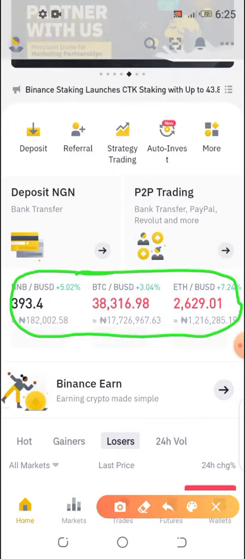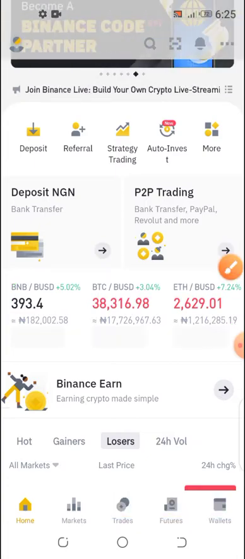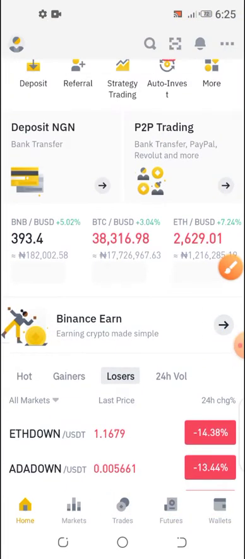The most popular one, however, is the USDT, and these stablecoins are tied to the value of the dollar. Hence, they are called stablecoins. The idea is that their prices do not fluctuate. It's not volatile like we have in other cryptocurrencies.